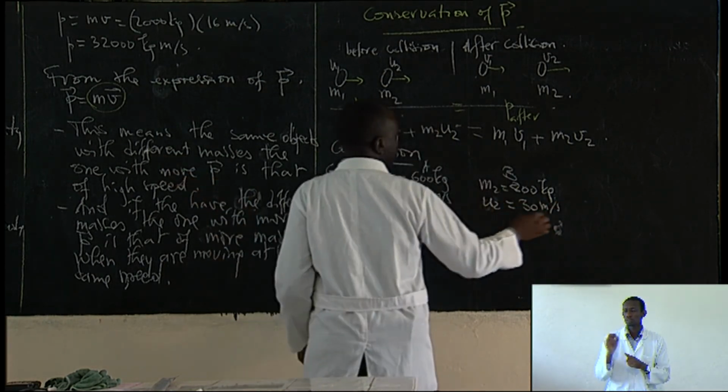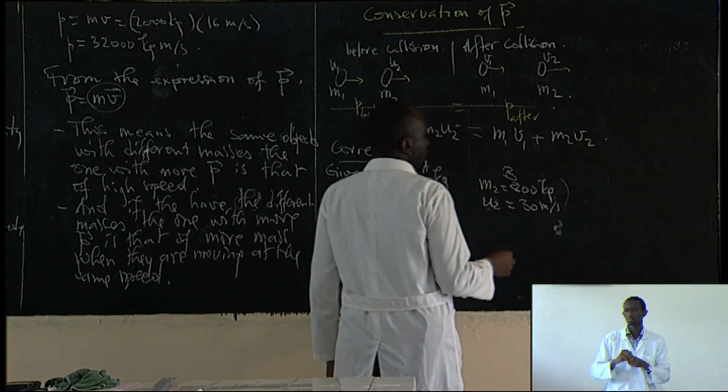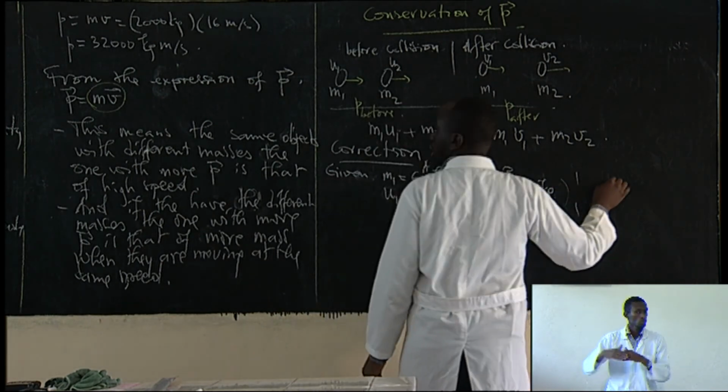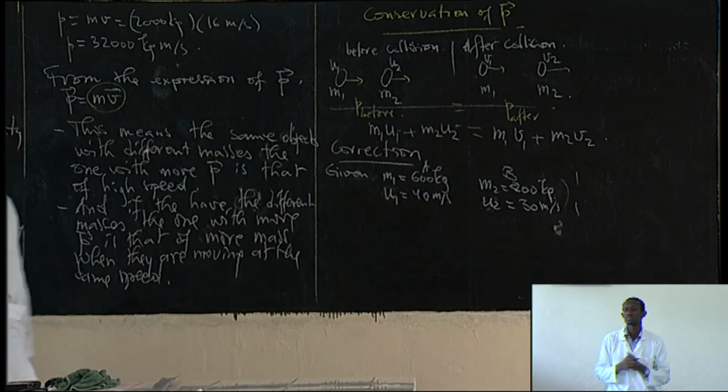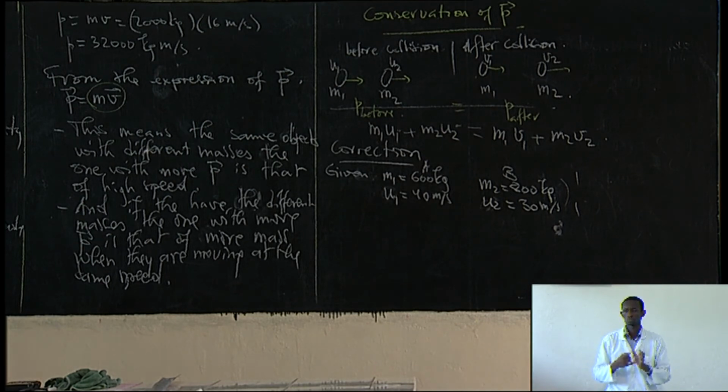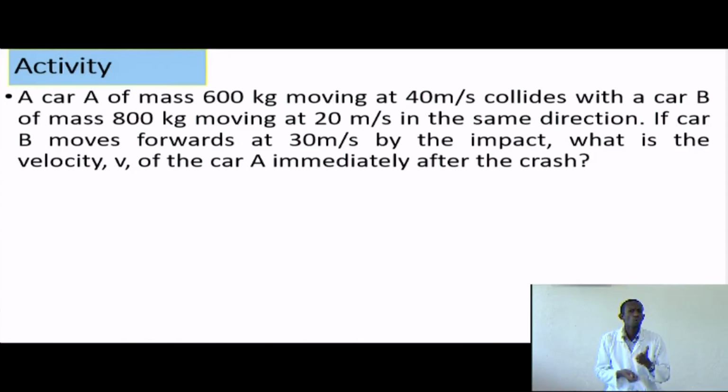And then we have to explain what will happen after. So after the collision, what is going to happen? It moves by the impact. What is the velocity V of the car A immediately after the crash, if the car B moves forward by the impact?